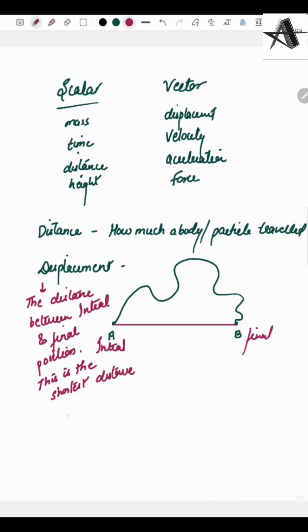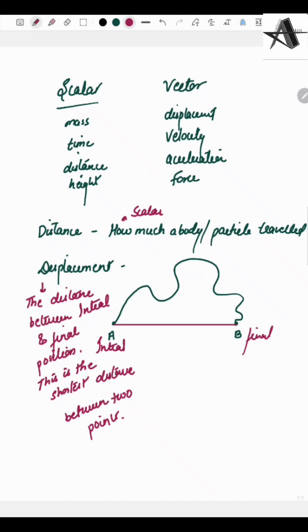Now, important thing is, I told you I'll be clearing what is vector and scalar quantity. If I talk about the distance, distance is the green path. Can I specify the direction of this green path? No, because there's no particular direction of it. This is the reason distance is a scalar quantity, because you can't specify its direction.